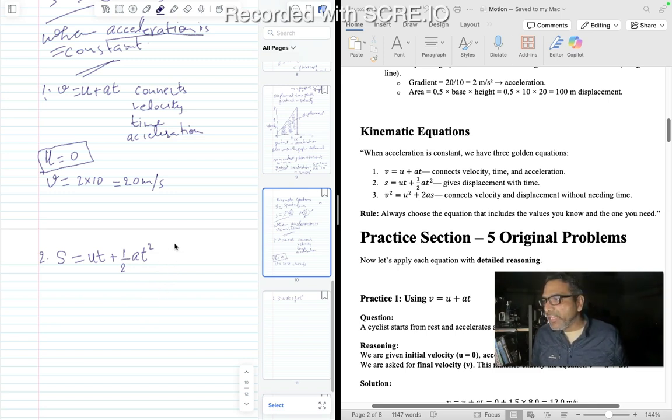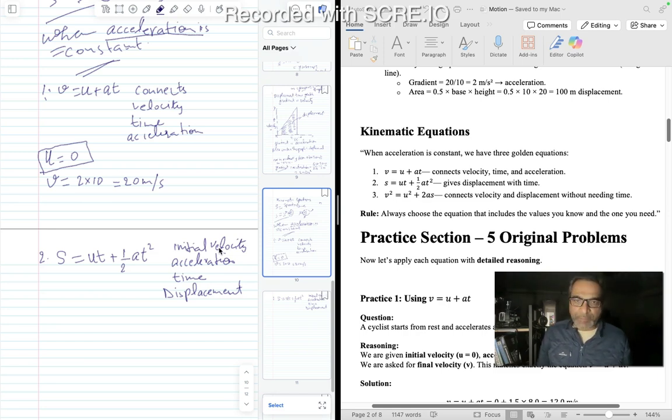We have the initial velocity, we have acceleration, and then we have time. And what has been asked, or what is the result of these, is the displacement. This is a relationship between the initial velocity, acceleration, time, and displacement.